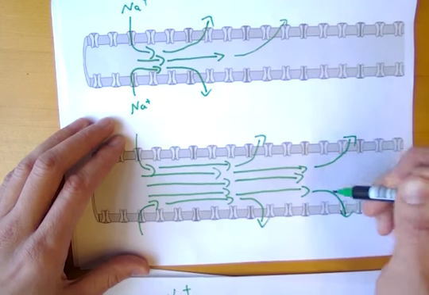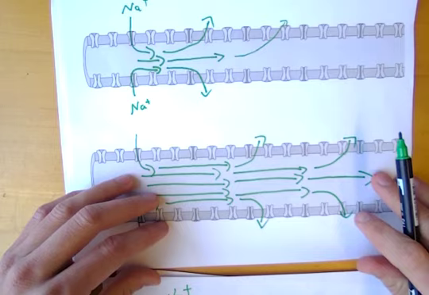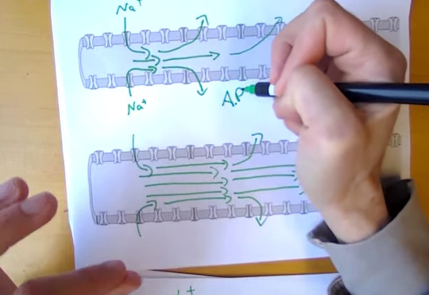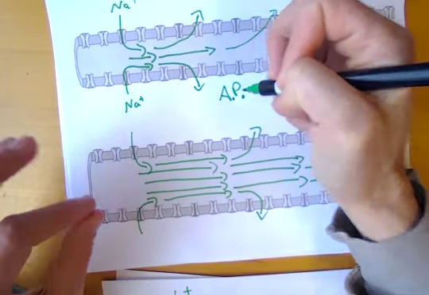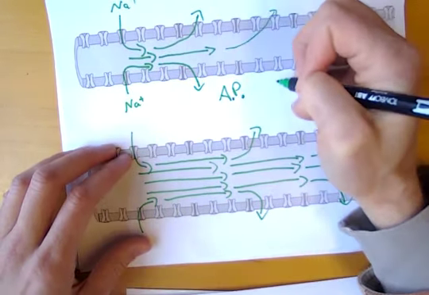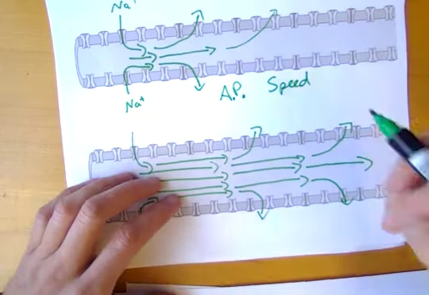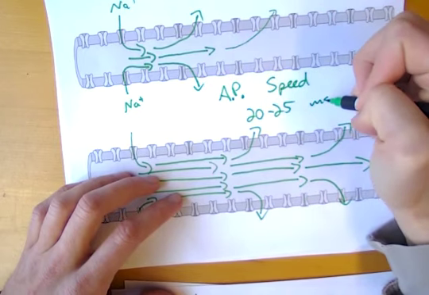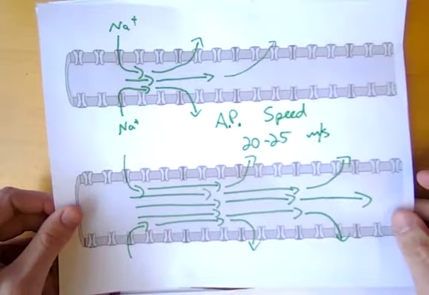It has less surface area to interact with, so it can actually move further. This is what we see in the squid axon. They have really fat neurons, as we've discussed before, up to 1 millimeter in diameter. And so action potential speed for squid axon is between 20 and 25 meters per second. Not too slow.